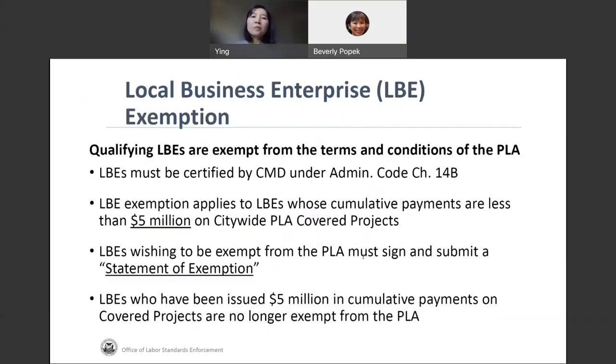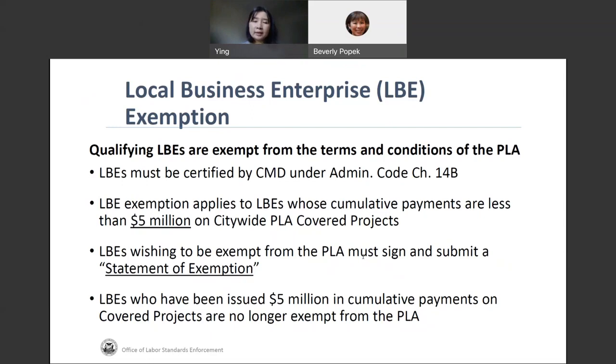If you are a local business enterprise, then it's good news for you because there is an exemption for it. Qualifying LBEs, which are local business enterprises, are exempt from the terms and conditions of the PLA. The LBE must be certified by CMD under the Admin Code, Chapter 14B, and the LBE exemption applies to LBEs whose cumulative payments are less than $5 million on citywide PLA covered projects.